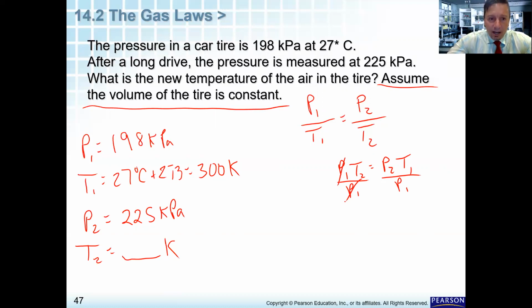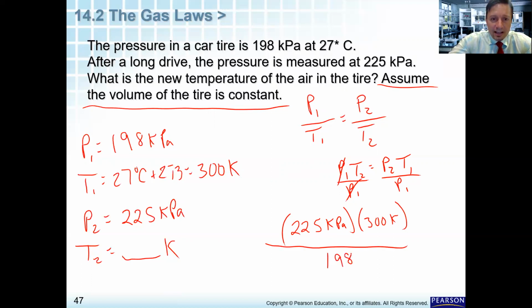So when I look at my variables I have here, I'm going to go 225 kilopascals times 300 Kelvin divided by 198 kilopascals.